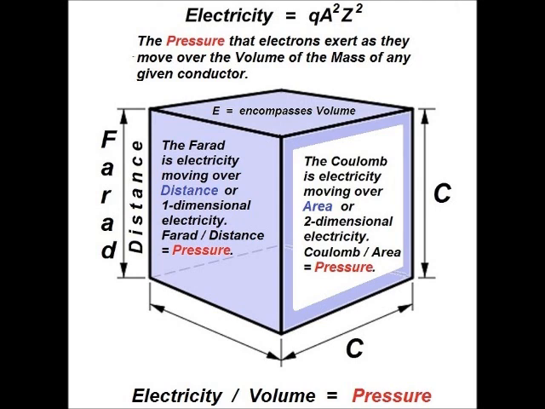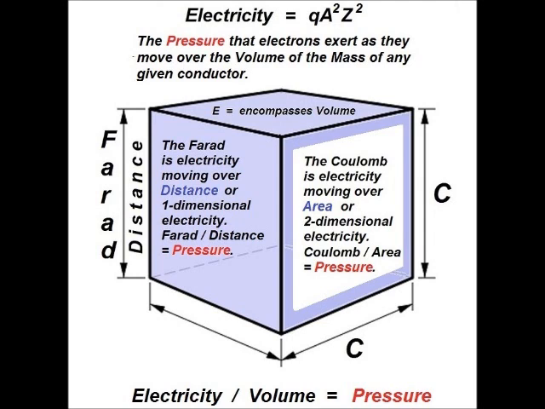And that same three-dimensional electricity flowing over the cube, flowing only in the one-dimensional direction of the segment of the cube, flows in the form of the farad, which is Q over Z squared. And Q over Z squared divided by distance also gives us the pressure of electricity.